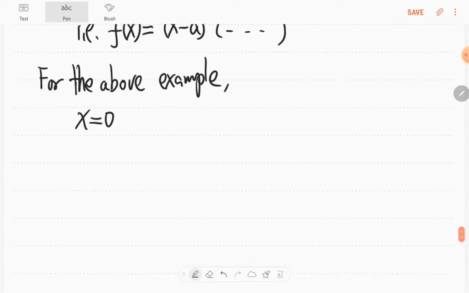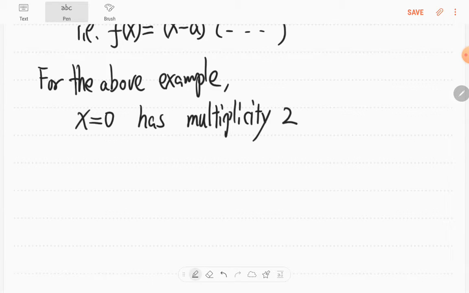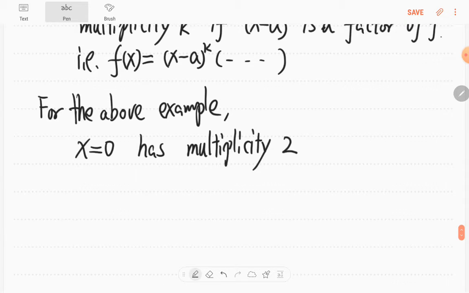We see this x equals 0 has multiplicity 2. So that means you have two zeros, right? Making this function to be 0. So we denote by m the multiplicity of this zero, equals 2.